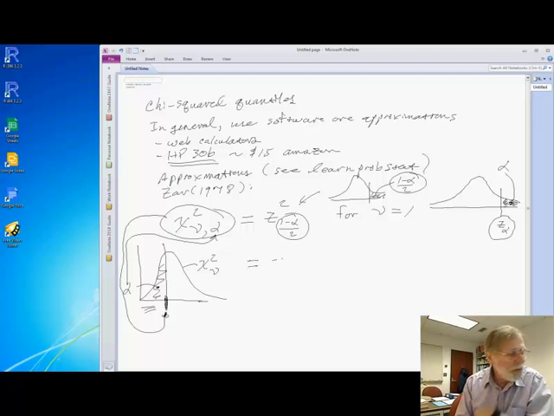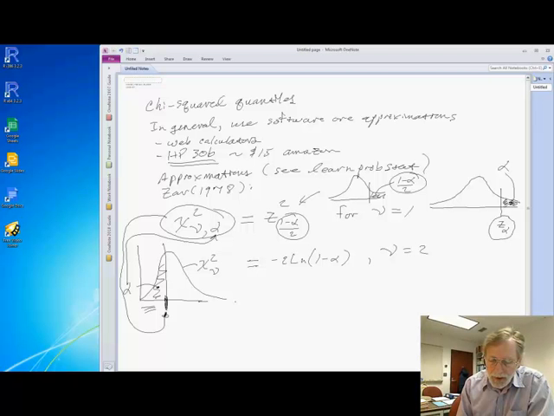Well, if you have 2 degrees of freedom, you would compute the natural log of the value 1 minus alpha, and multiply it by -2, and you would get the alpha quantile exactly.